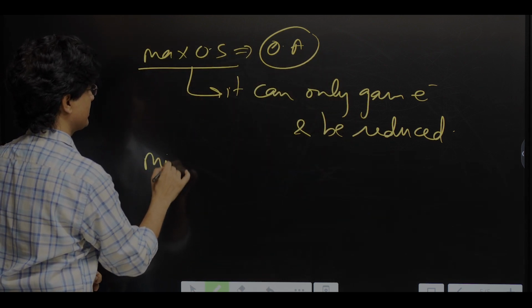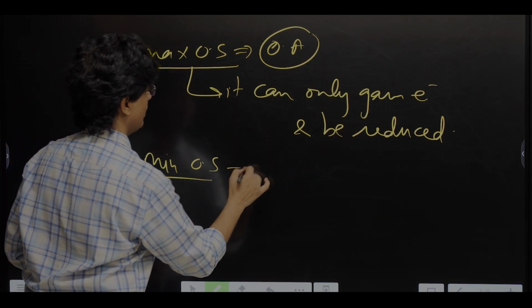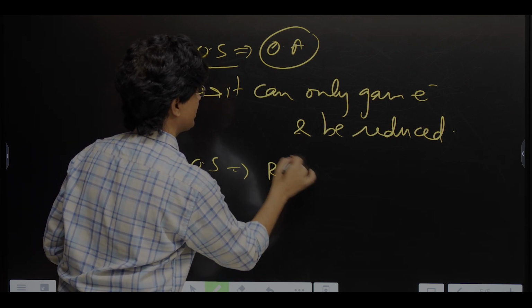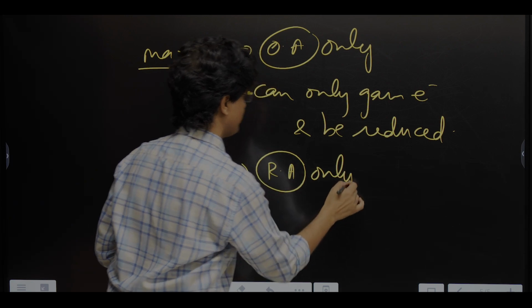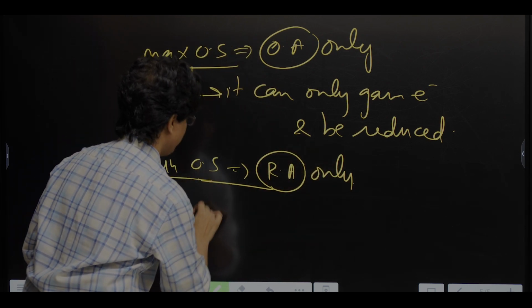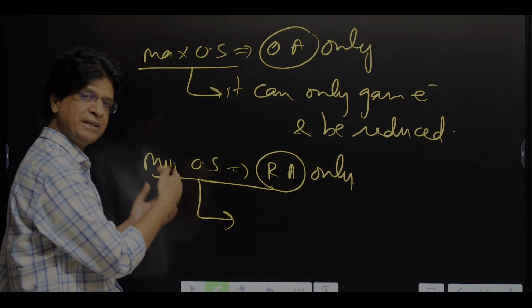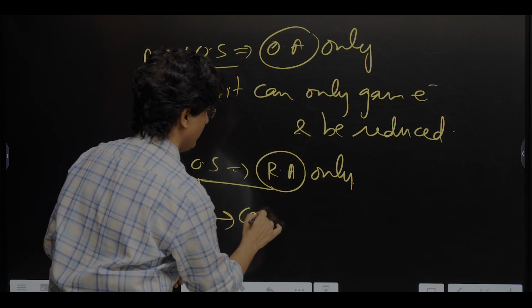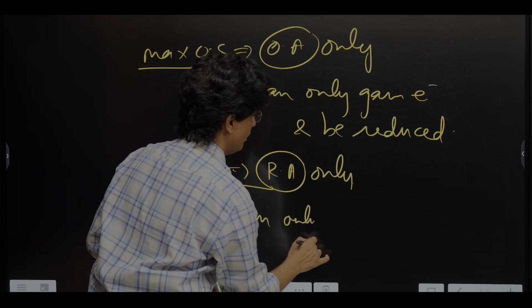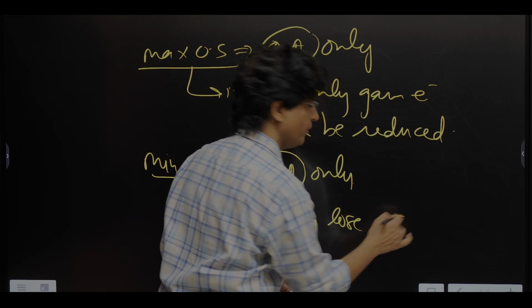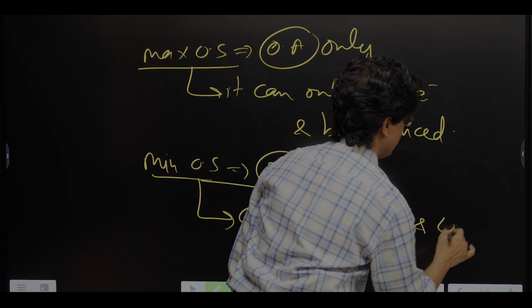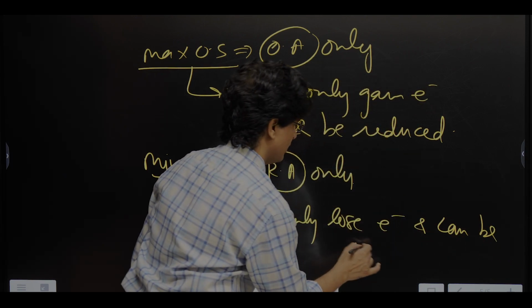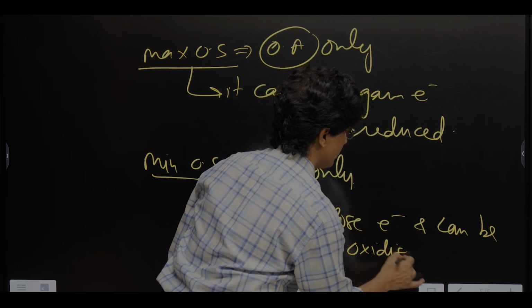If the element is in the minimum oxidation state, it will be acting as a reducing agent only. That means it can only lose electrons, and can be oxidized. So that is very clear to all of us.